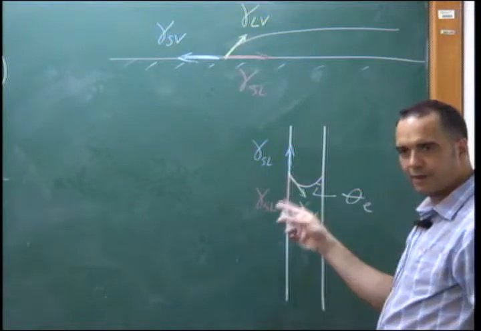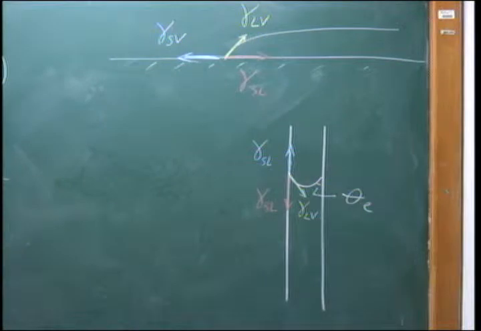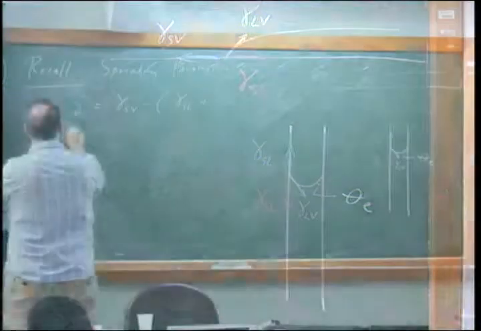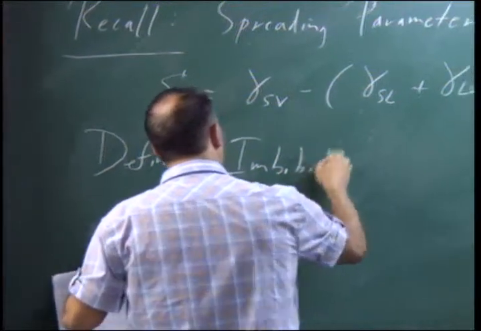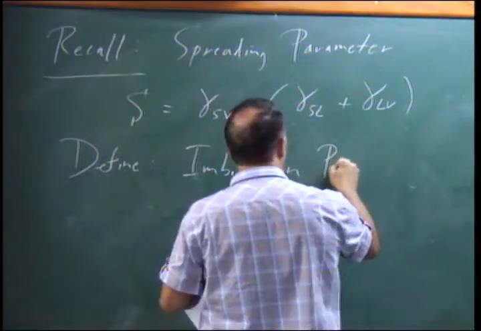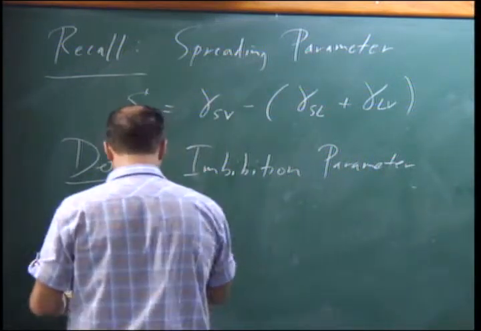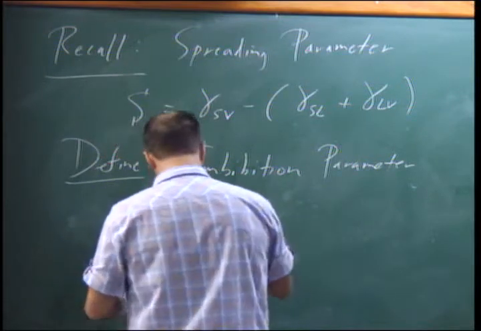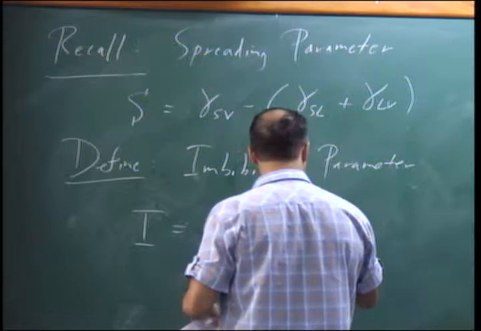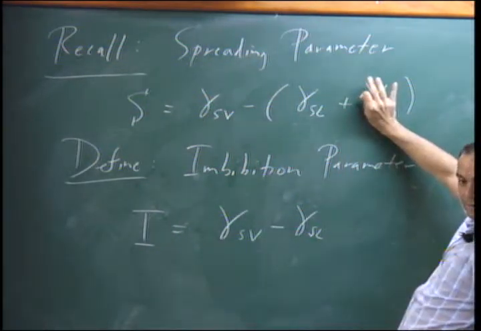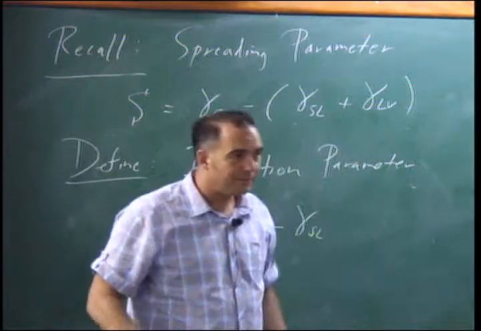The spreading parameter is not relevant here because, again, as this thing moves, this energy doesn't change. So we're going to call this an imbibition parameter. We're basically removing this one from consideration because that interface energy doesn't change as the thing moves up or down.